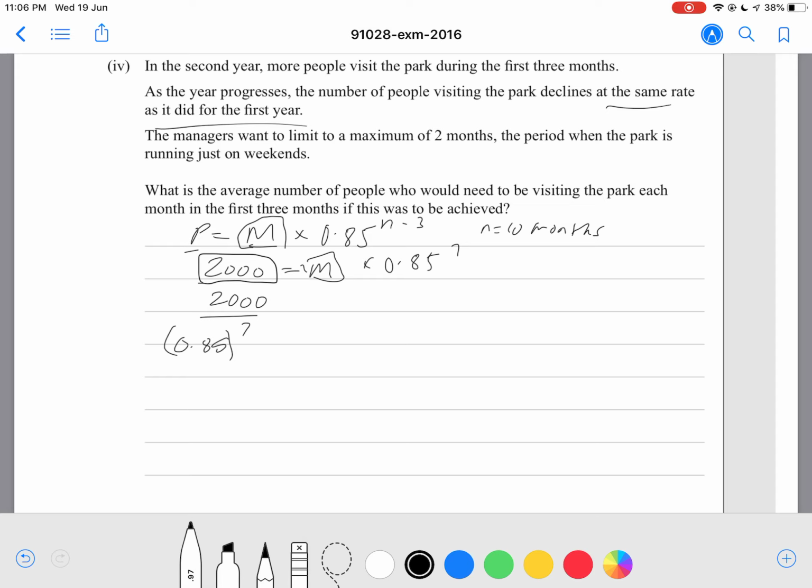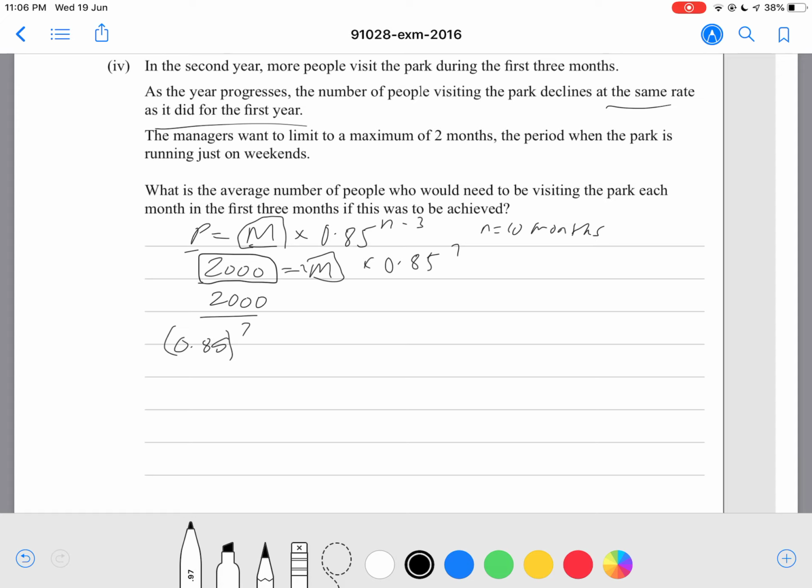The managers only want to limit this to 2 months. So the managers want there to be 10 months when there are more than 2,000 people visiting the park, okay? So therefore, we can substitute our P equals to 2,000 and our time equals to 10 months.